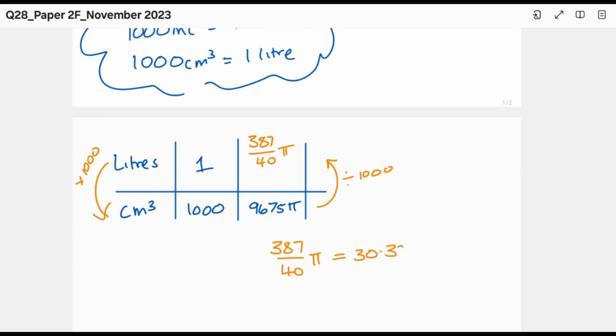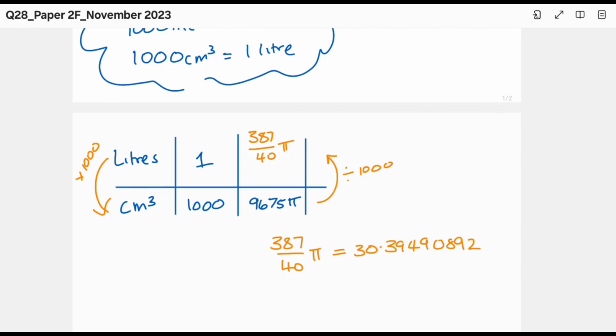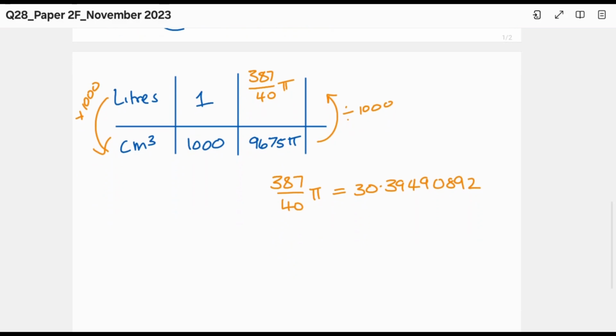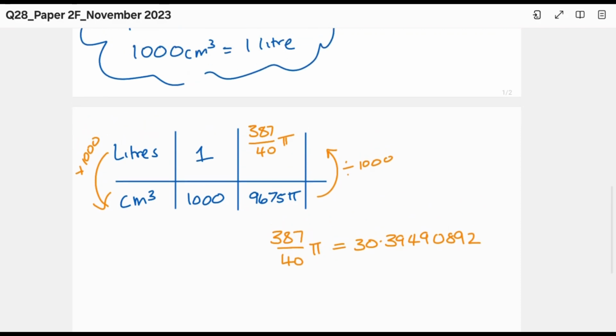So we've got this. 387 over 40 pi is the same as 30.39490892. So you can choose to work with the decimal value or you can choose to work in terms of pi. Don't forget that we need to remember to put our unit on.